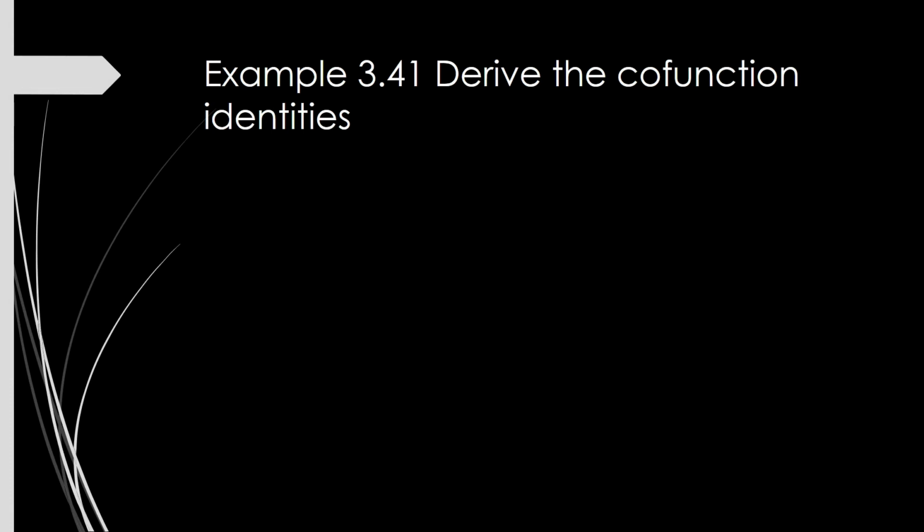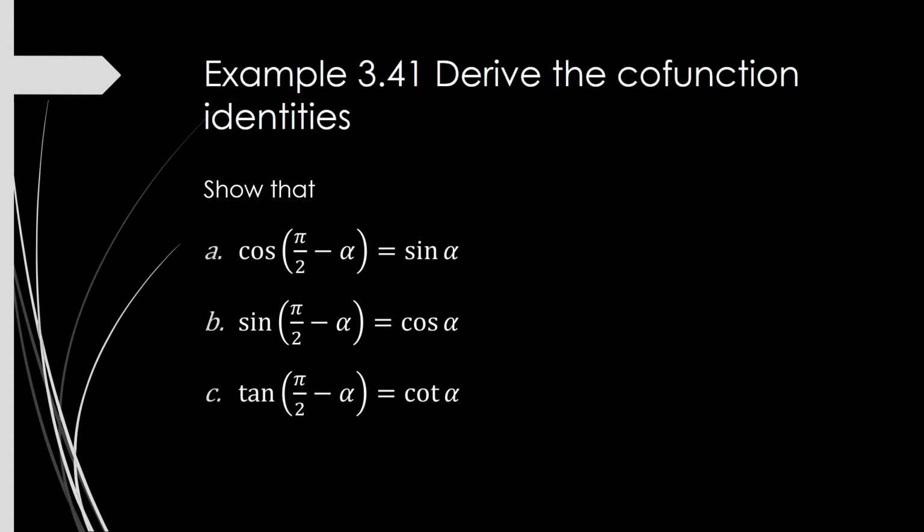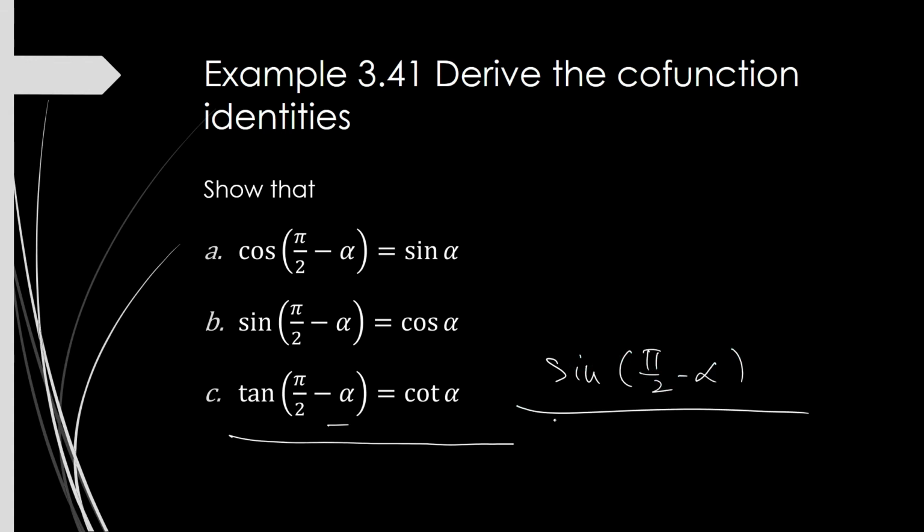Example 3.41. Derive the cofunction identities. We shall show that this is true with the help of your sum and difference identities for cosine. But for the third one, look at this. Tangent of pi over 2 minus alpha is just equal to sine of pi over 2 minus alpha divided by cosine of pi over 2 minus alpha.